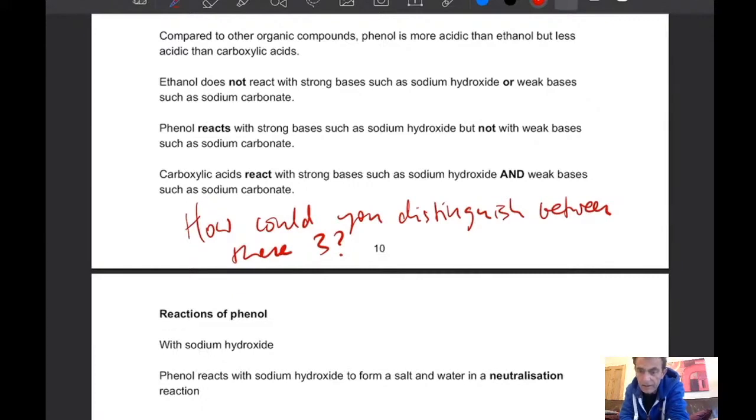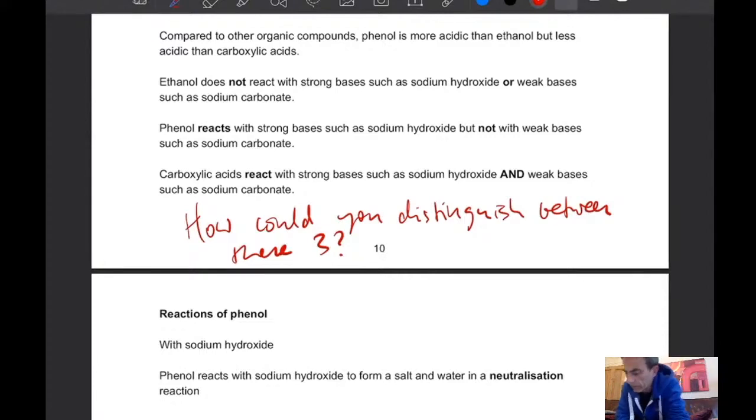Jack, you see, the thing is, we need to go into the acids and bases topic. They're both classed as weak acids, but this is going to sound really strange: carboxylic acids are stronger weak acids than phenol.